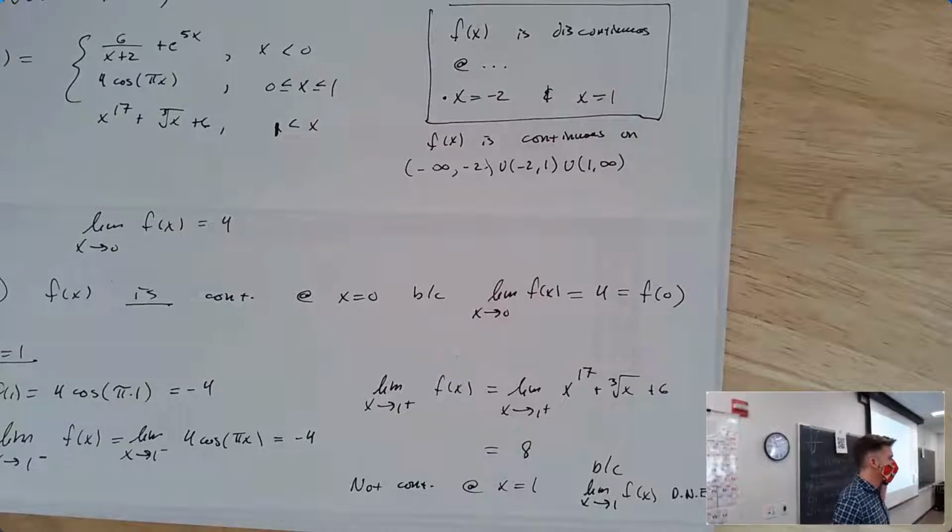Whenever someone asks you where something is continuous, the question you should really ask yourself is, where is it not continuous? And then say everything else but that. No one is ever really asking you to identify every single point where something's continuous. They're asking you to identify the very few points where it's discontinuous and then take those away from everything else.